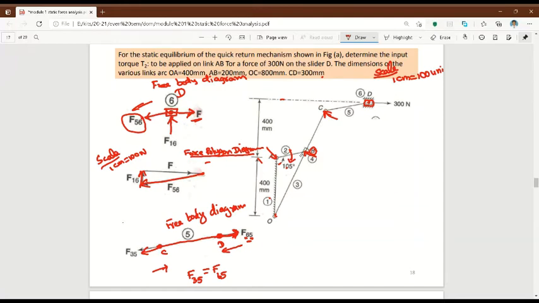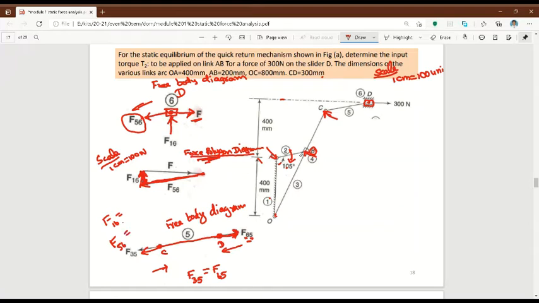So we got the force polygon diagram. Now measure the height of F16. Also measure the distance of F56. Actually we need the distance of F56.